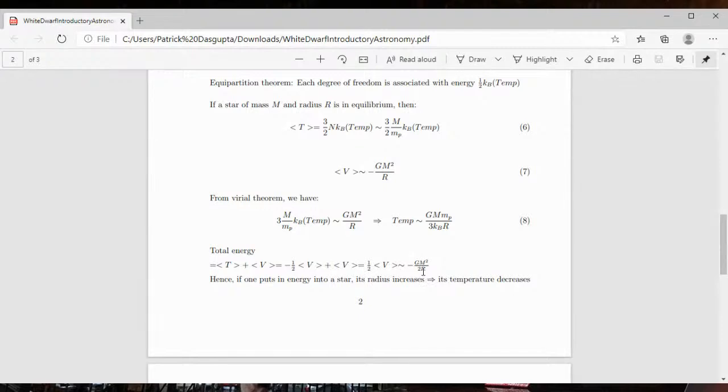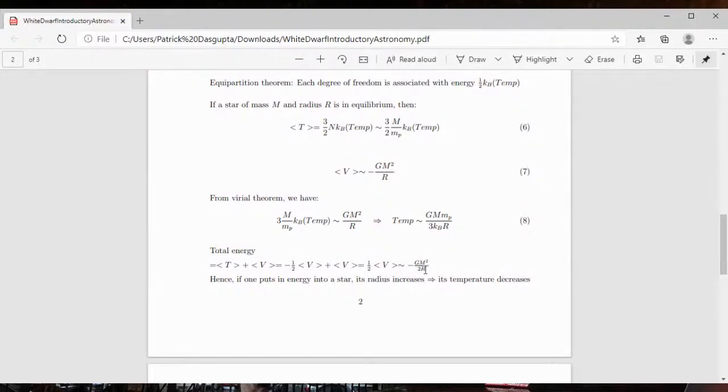If R becomes larger, GM square by 2R becomes smaller, but there's a negative sign. So minus 2 is bigger than minus 4. Minus 4 is bigger than minus 10. And hence, if R becomes bigger for the same mass, the total energy therefore becomes larger.